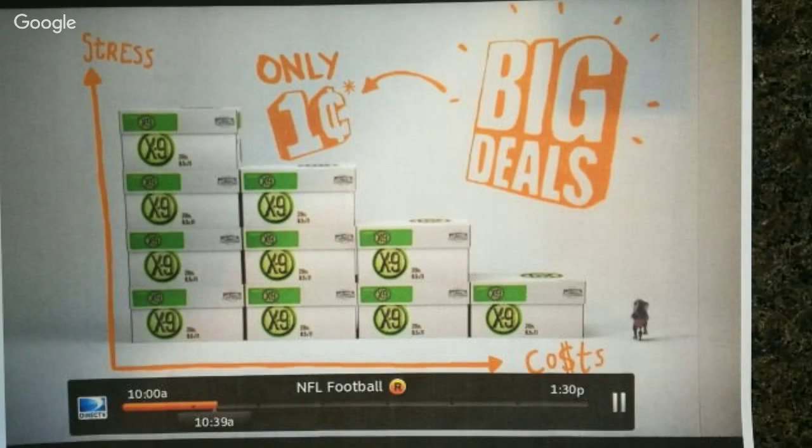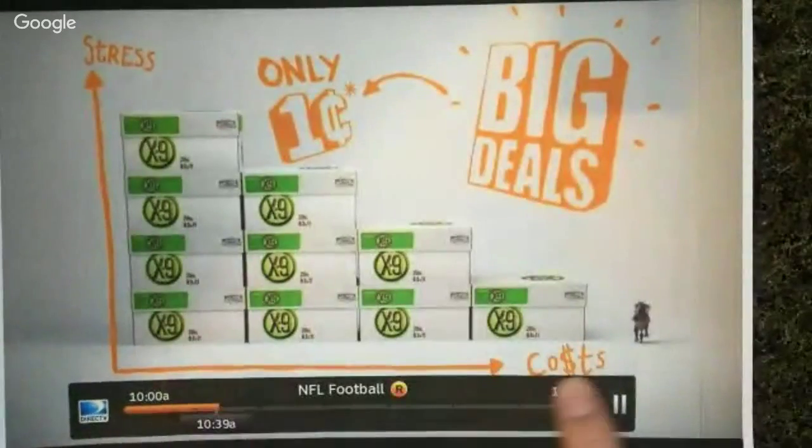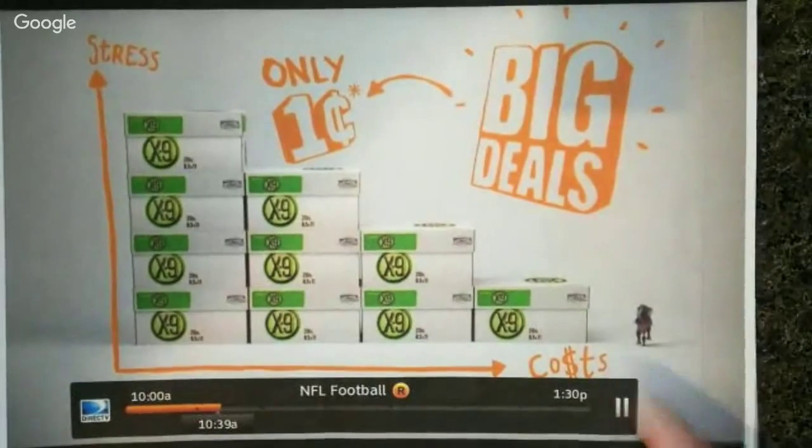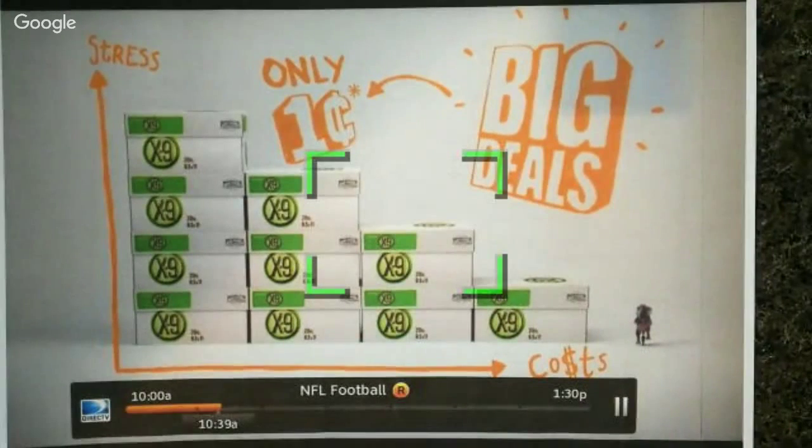But when I look at this, I understand the relationship between variables. My y-axis is stress, and my x-axis is costs. So while it looks like stress is decreasing, what does it actually say?